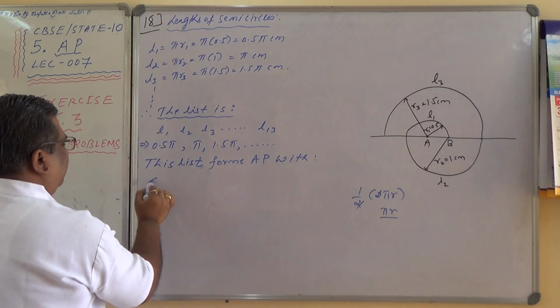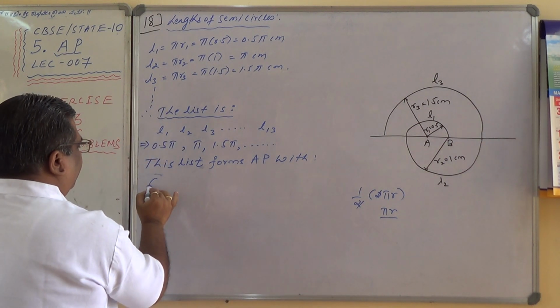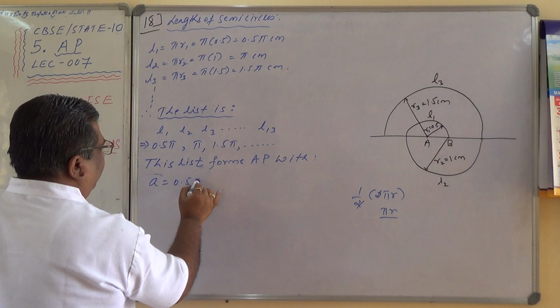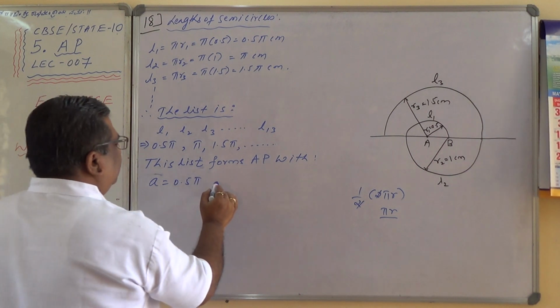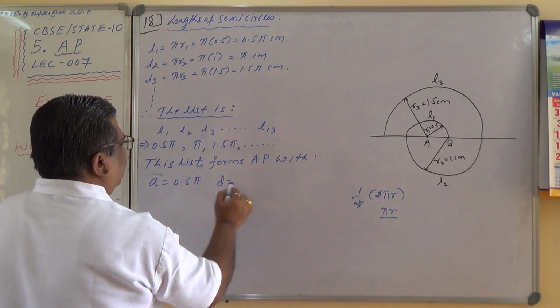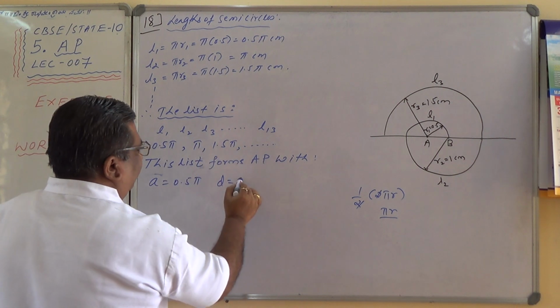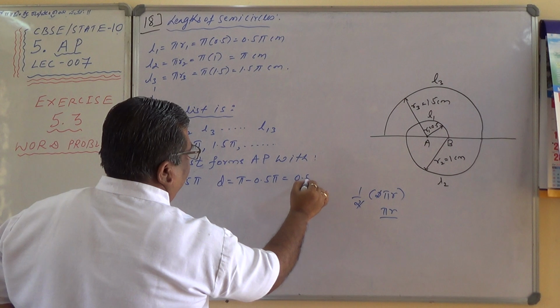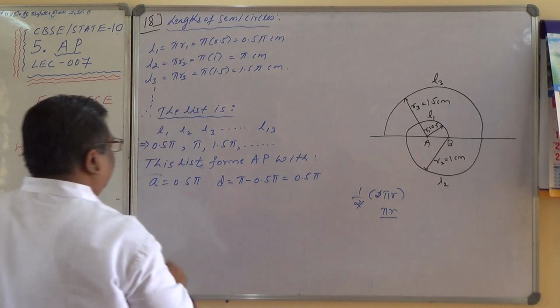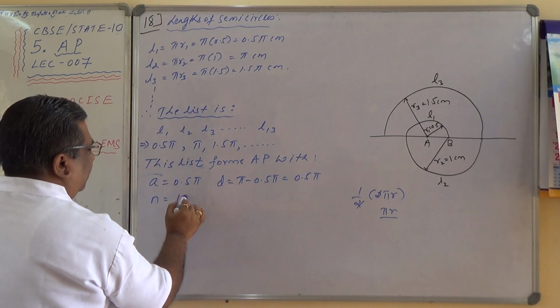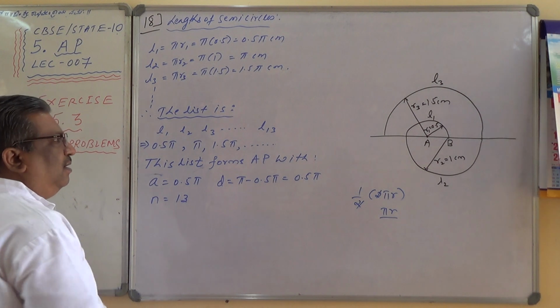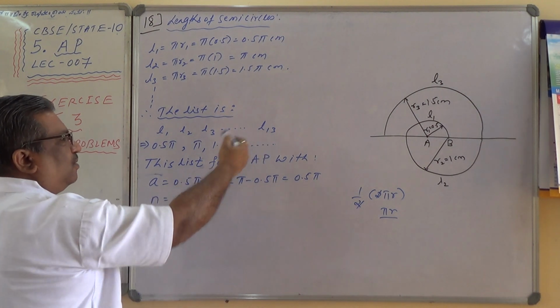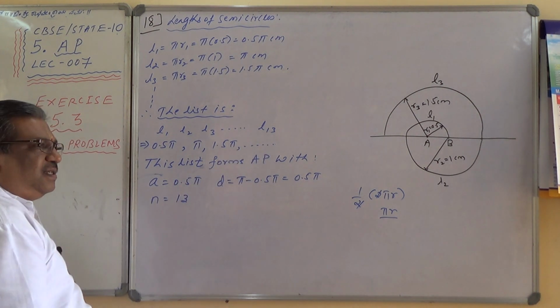So the total length of the spiral: the list forms an AP with what first term? A is 0.5 pi. D equals pi minus 0.5 pi, which is once again 0.5 pi, and n equals 13. Why 13? L13 means there are totally 13 semicircles.